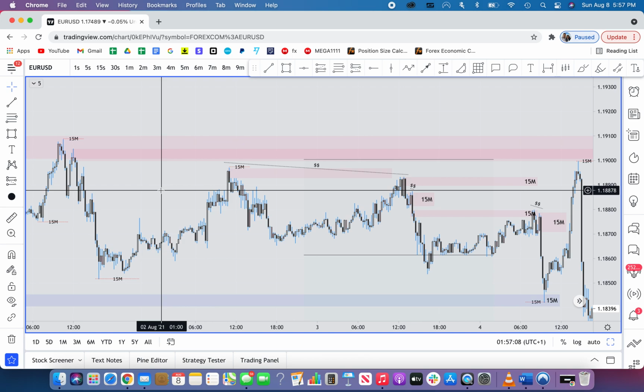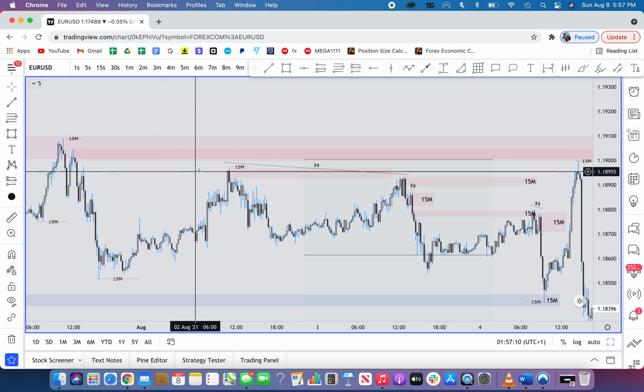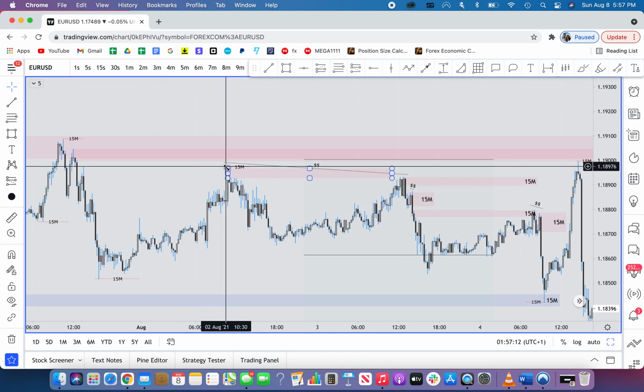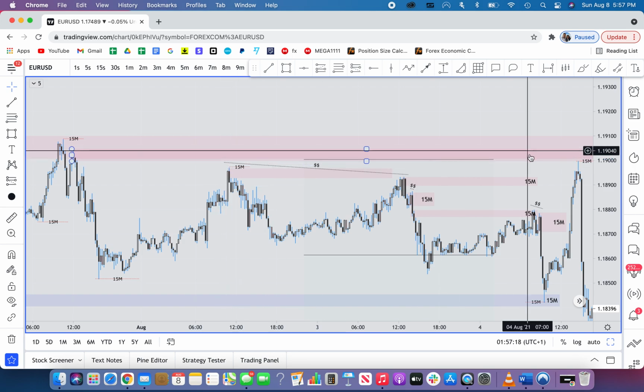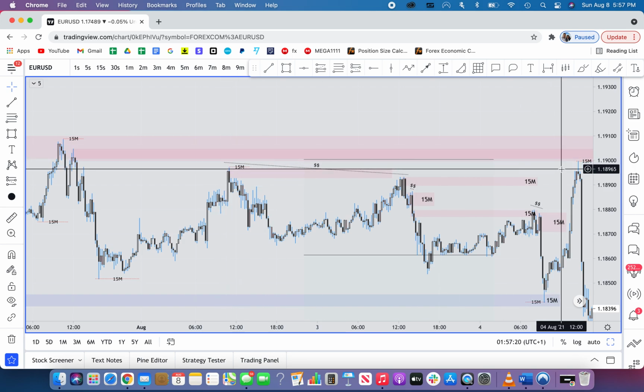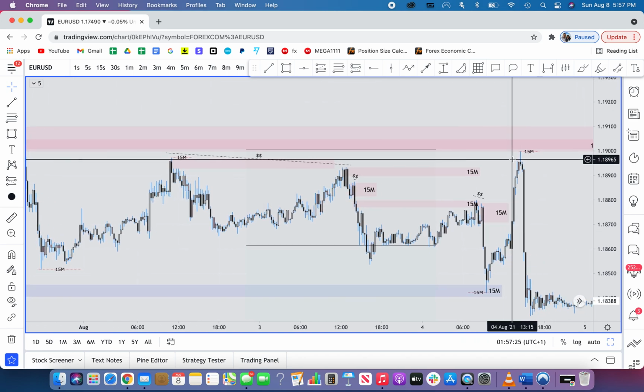We do have some more confluences here. If you take a look right at the top of this order block, where my line is, and look at the way that candle closed over here on the right, we didn't actually get a body close. That is a wick, meaning we did not get a full body close that took that high, meaning we actually rejected.